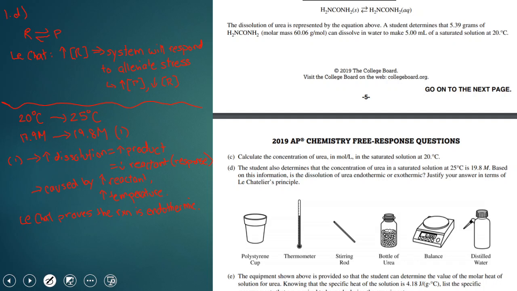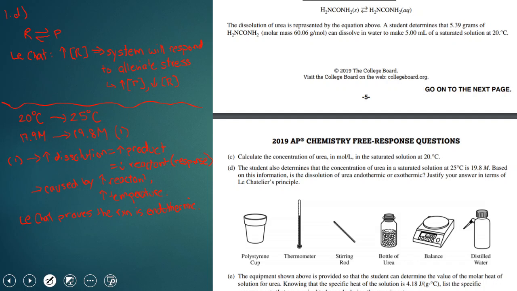So you say that, okay, if I were to write out the actual response to this, I would provide a little bit more explanation in the end. I would say, so by Le Chatelier's principle, the increase in temperature is a stress or a change in the reaction that is acted against by Le Chatelier's principle in response, causing a decrease in the reactants and thus an increase in the products, which indirectly causes an increase in the dissolution of urea.